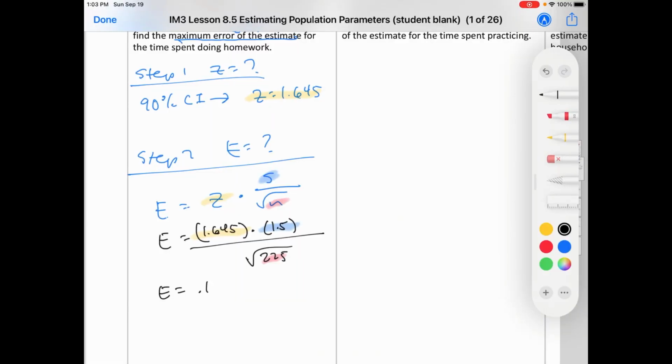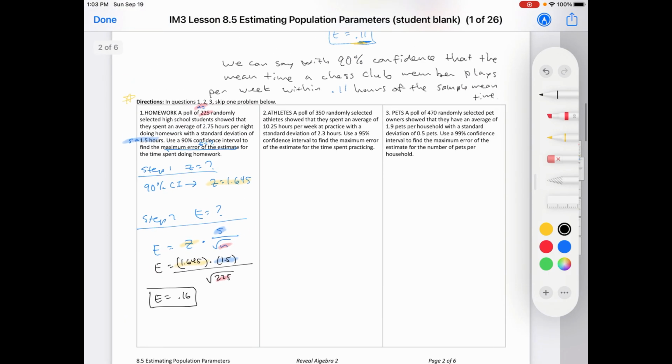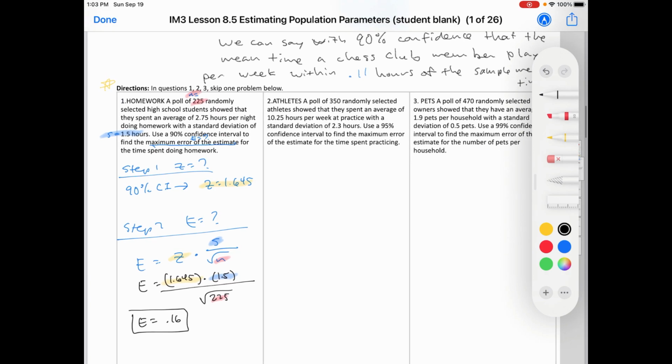E equals 0.16. And this sentence helps you understand what is happening. So let's just copy that sentence.